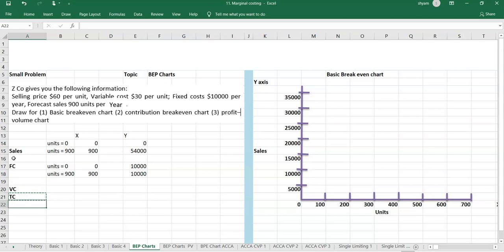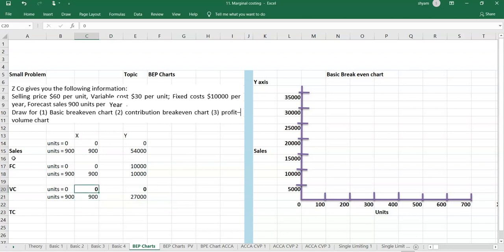When you don't produce any unit, you don't incur any variable cost. But if you sell 900 units, you will incur a variable cost of 30 per unit, so 27,000. So the coordinate points are: 0 comma 0 and 900 comma 54,000 for sales; 0 comma 10,000 and 900 comma 10,000 for fixed cost; 0 comma 0 and 900 comma 27,000 for variable cost.